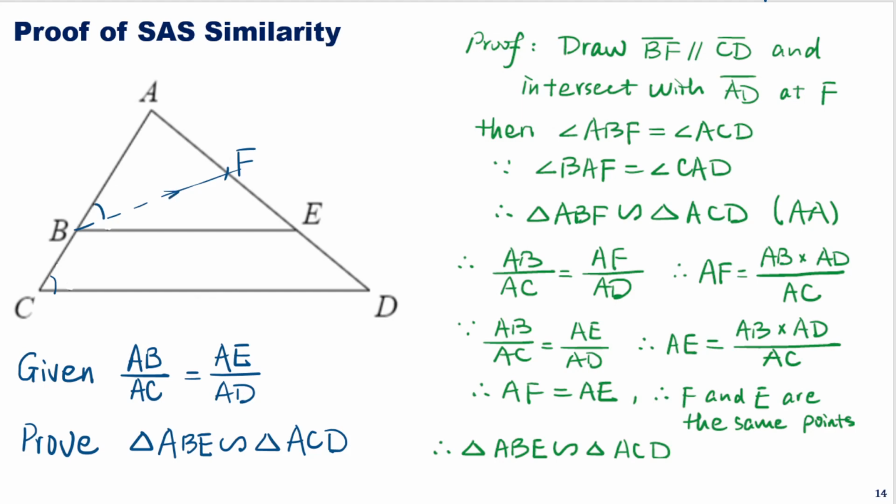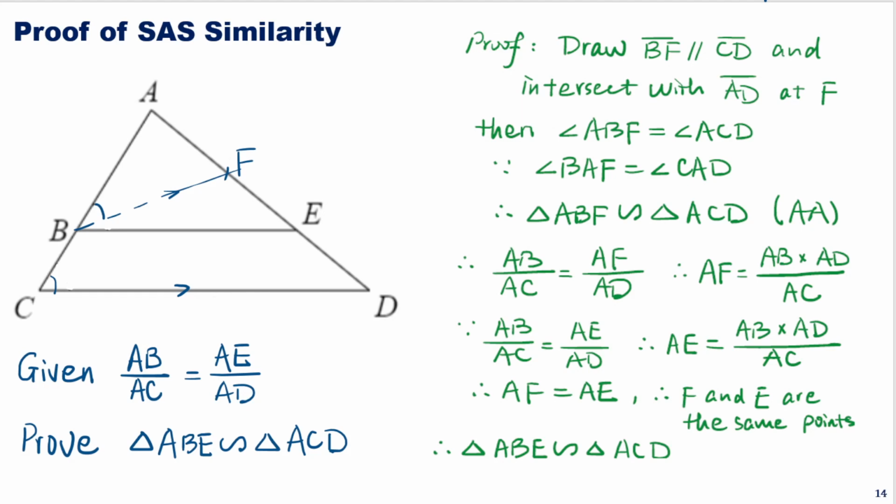Because this line is parallel with this line. Parallel lines give us corresponding angles are equal, right? And because angle BAF equals angle CAD, because they're the same angle, therefore we know triangle ABF must be similar to triangle ACD, right? According to AA similarity, right?